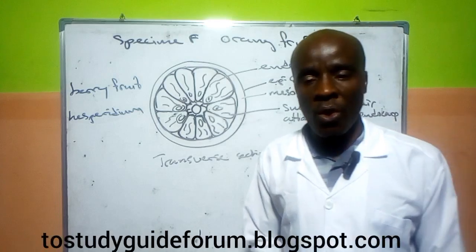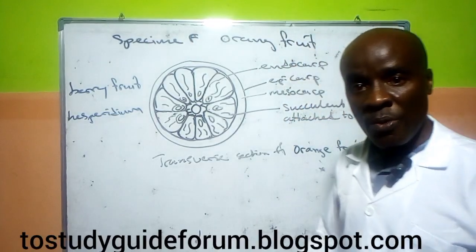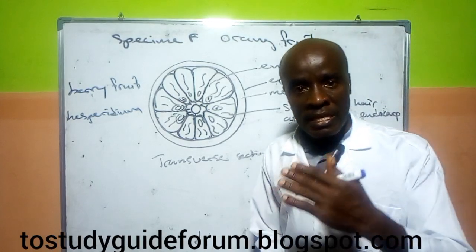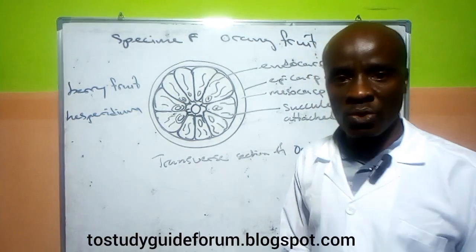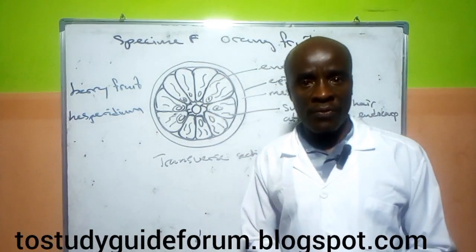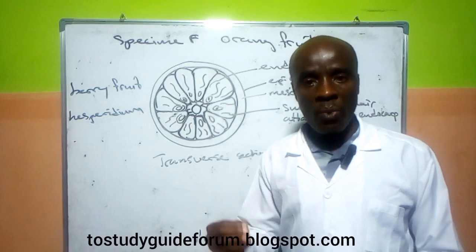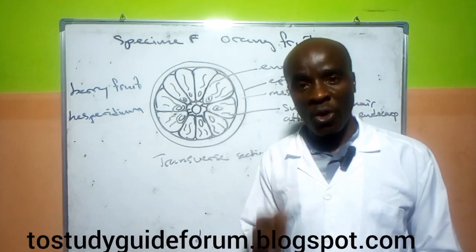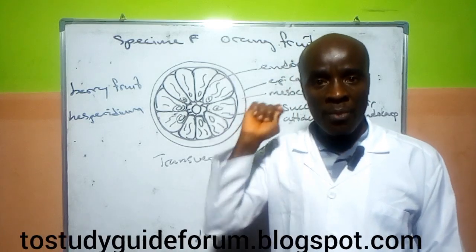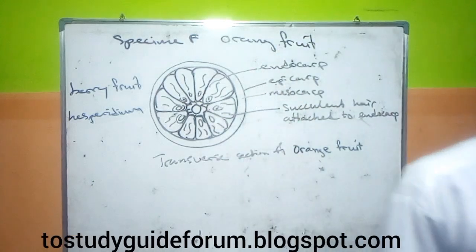What you do is add sodium hydroxide to the sample, and then you add copper II sulfate. Then what you have is a purple color. That purple color is a positive test for what? Protein.